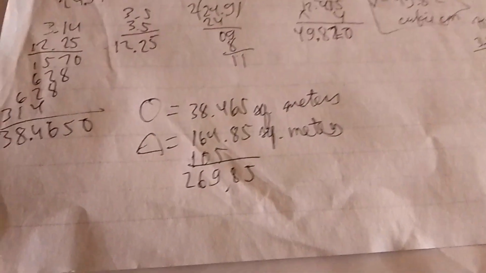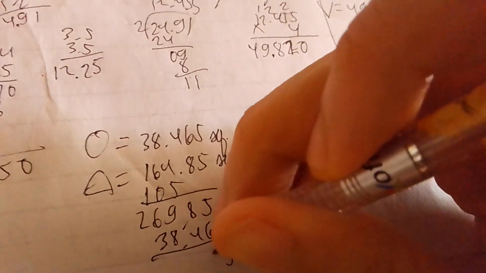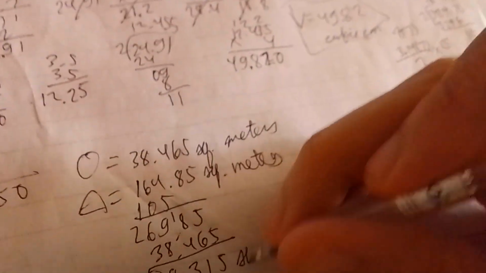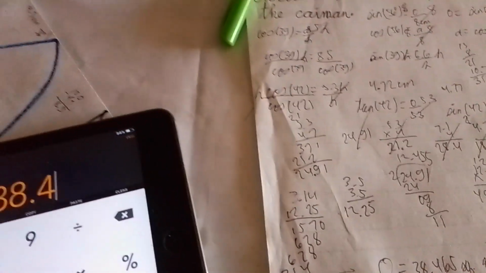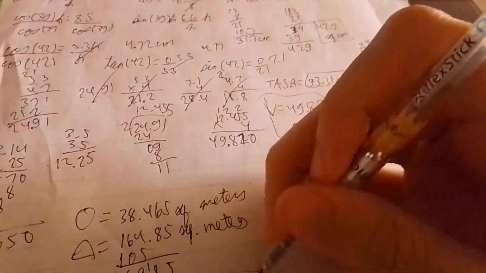We get 269.85 plus 38.465, so the answer should be 308.315 square meters. That is the surface area of the half cylinder, and that's our final answer.